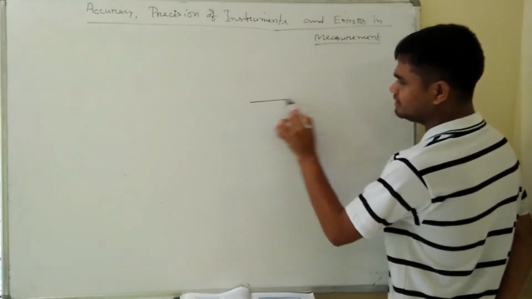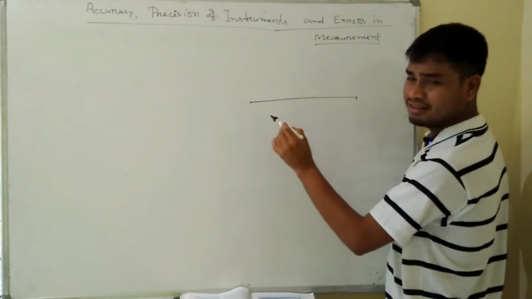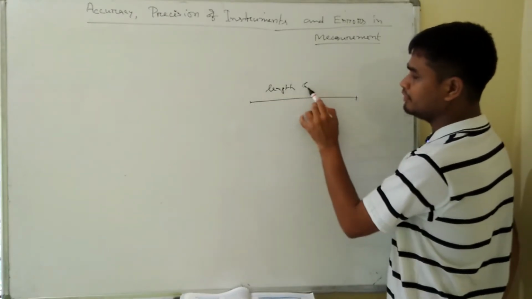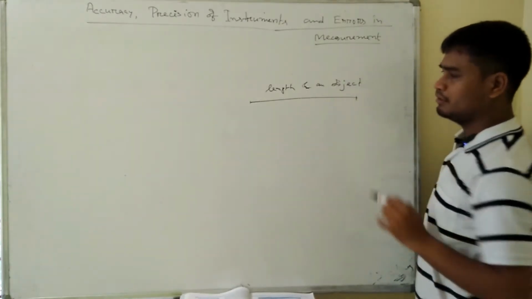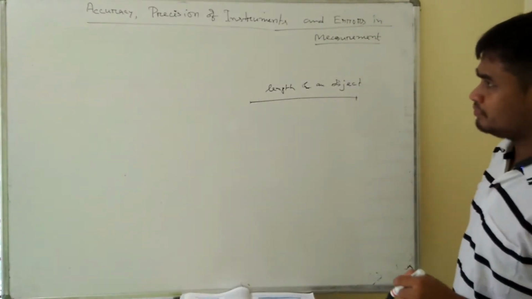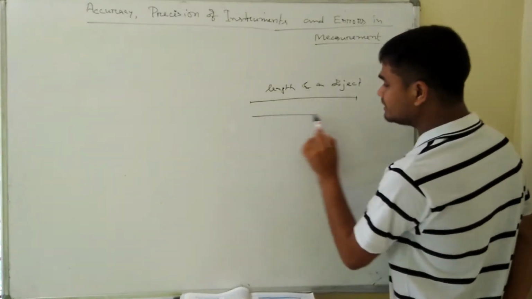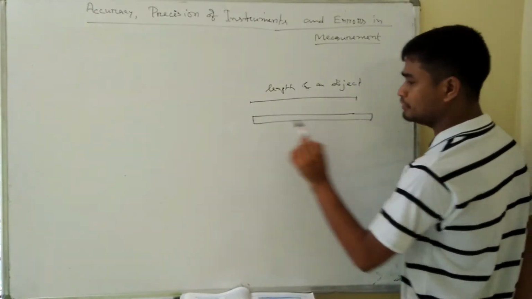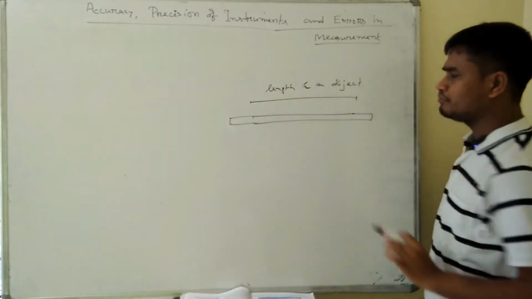Let us consider this is an object. Consider this is the length of the object, and you are given two scales by which you can measure this length.